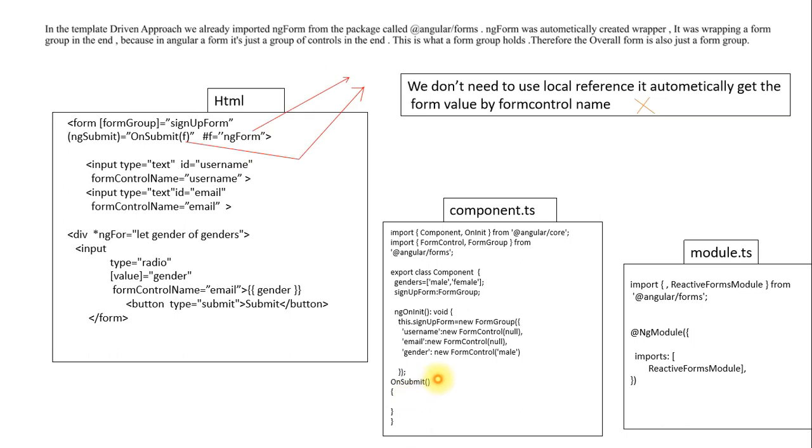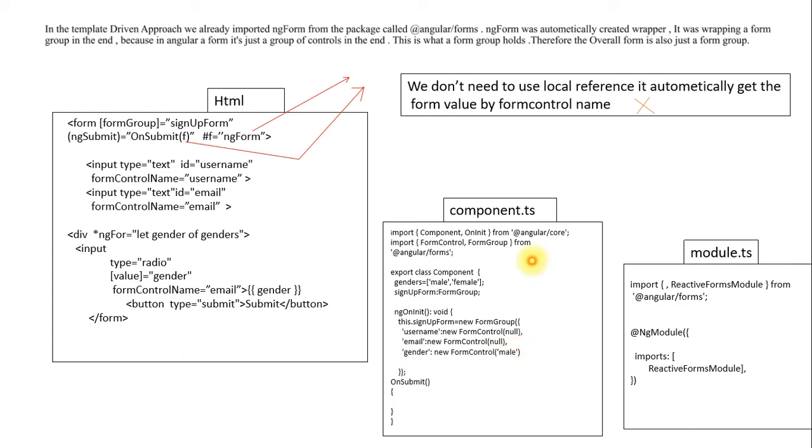And previously we saw that in the template driven approach we used a local reference like #f, and we inserted the ngForm into the local reference f. The local reference was passed into the method, and then we could get the form value and everything in our component.